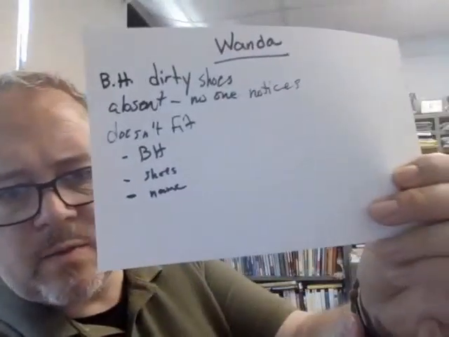She doesn't fit in because of Boggins Heights, because her shoes, because her name. Those are all different reasons why she doesn't fit in. So I feel sorry for her. Poor Wanda. Don't you feel sorry for her?